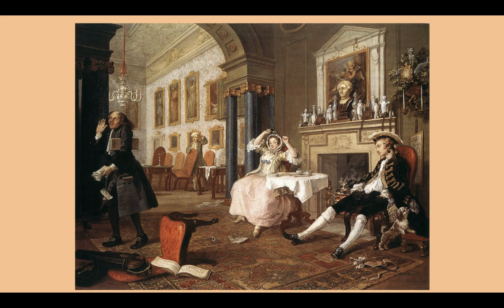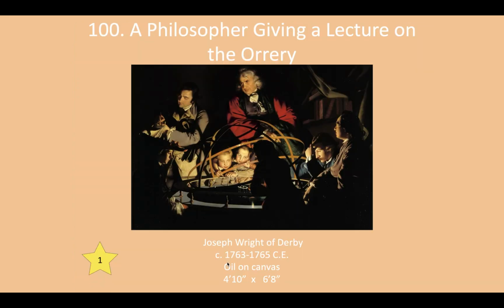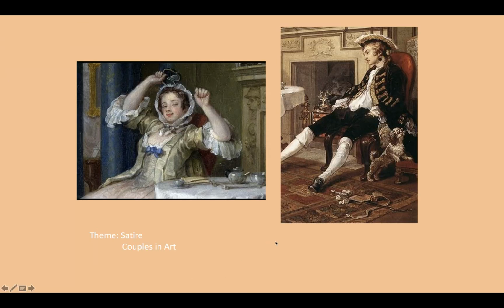So when we take a closer look at him, he's also a little bit disheveled here. We see the dog here, which is the sign of fidelity. Remember, the dogs are always the sign of fidelity. The dog is pulling a bonnet, a woman's bonnet, out of his pocket. He has been with another woman.